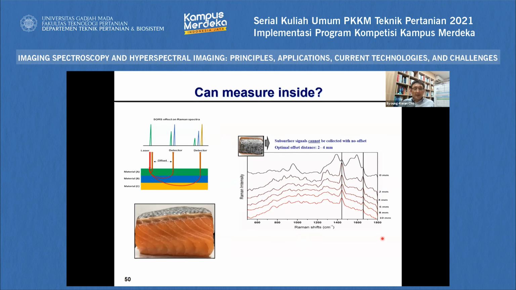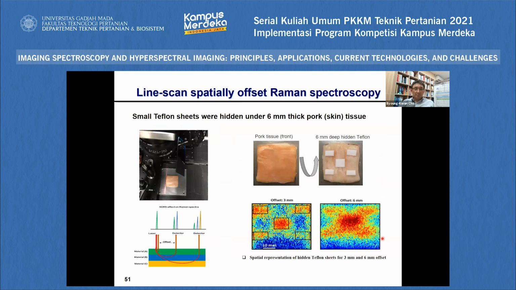Okay. Another application is pork tissue. We hid Teflon material inside the pork tissue, 6 millimeters deep. Like this way. When we use offset measurement, we could detect the hidden Teflon material.